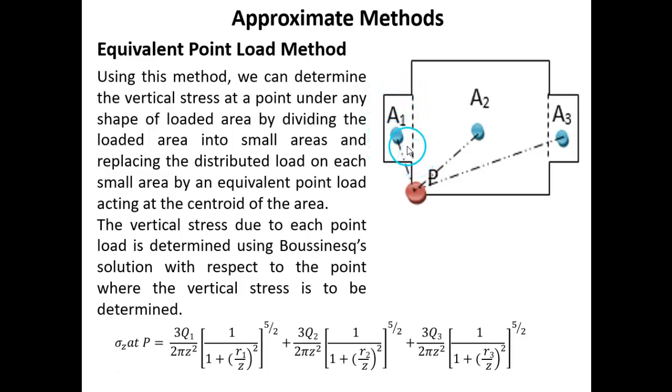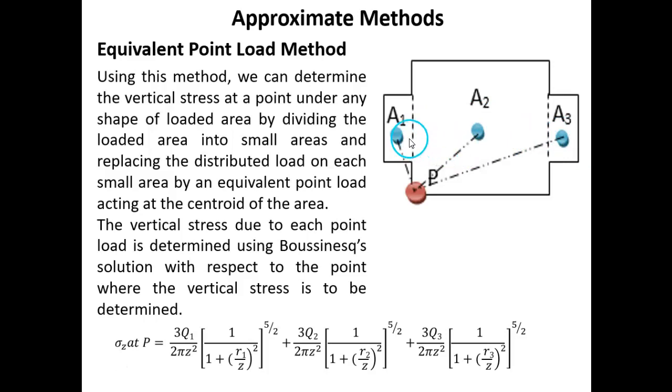Here this area is divided into 3 rectangles, and then the areas of these 3 rectangles are determined. Then when you multiply with the intensity of load acting on this irregular area, you will be getting the point loads at the centers of these rectangles.